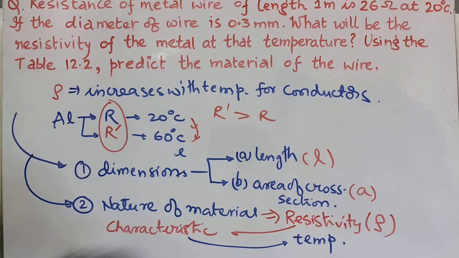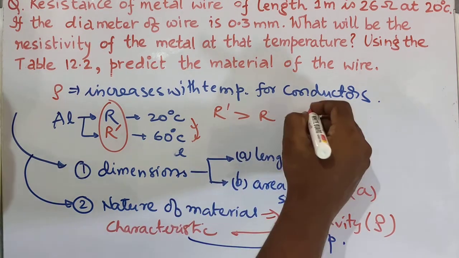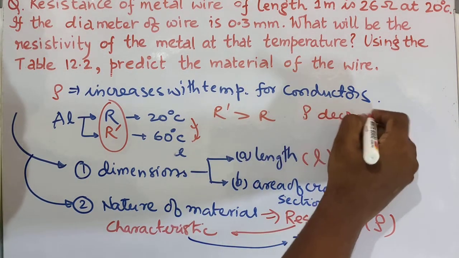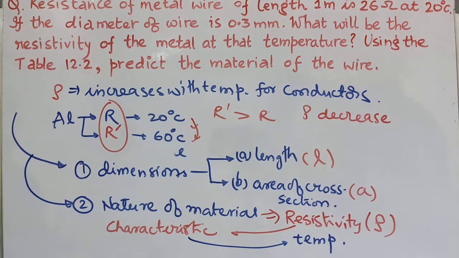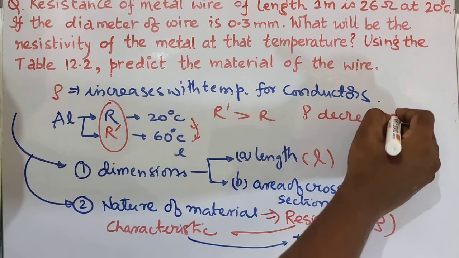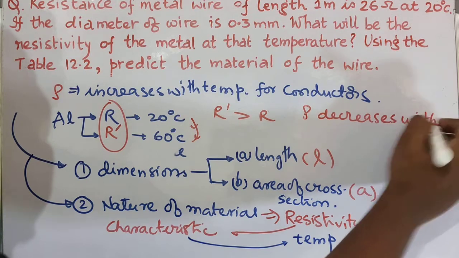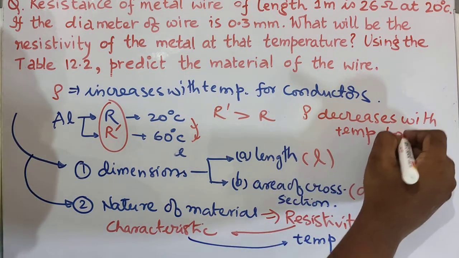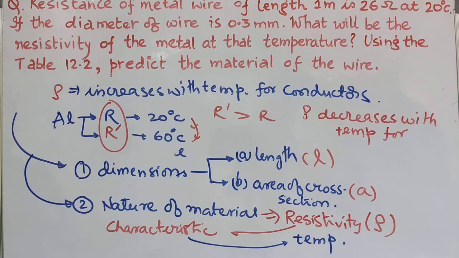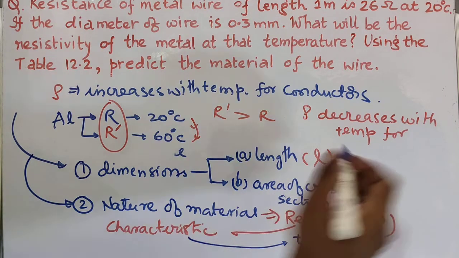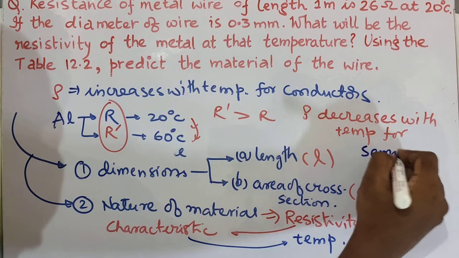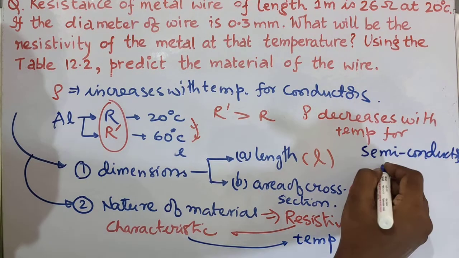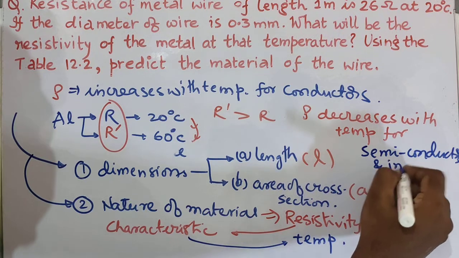And what about the insulators and semiconductors? Rho decreases with the temperature. We'll say it has a negative coefficient. It decreases with the temperature for both semiconductors as well as insulators.